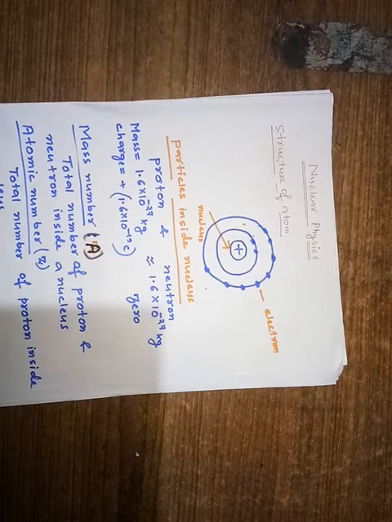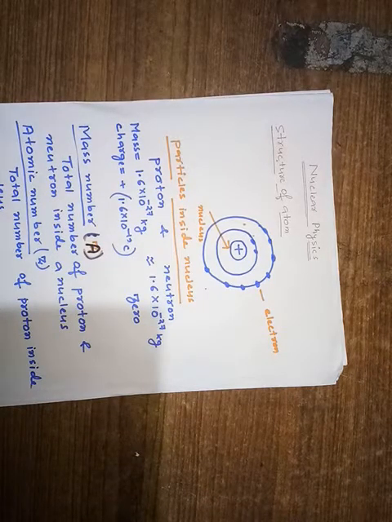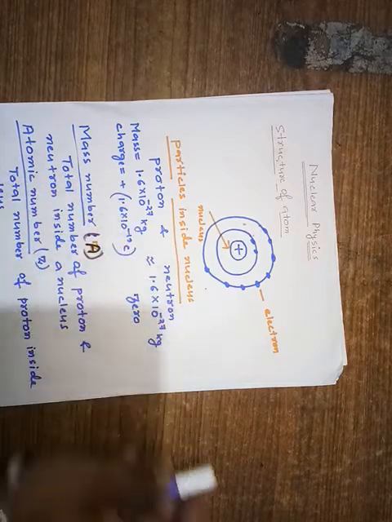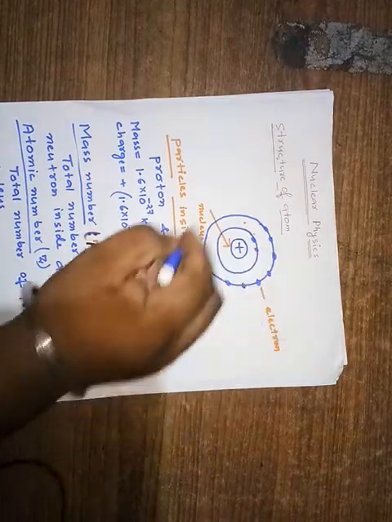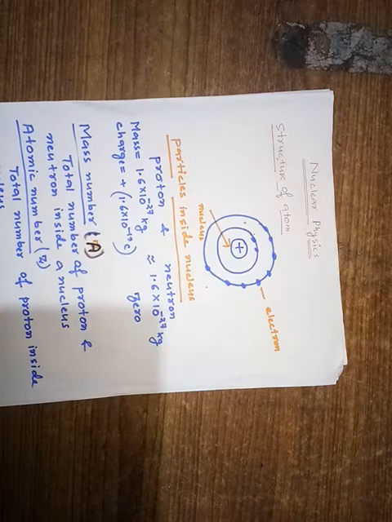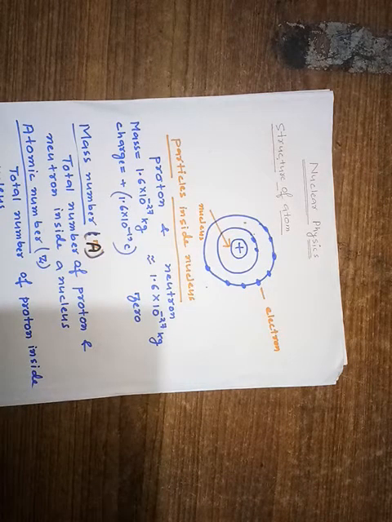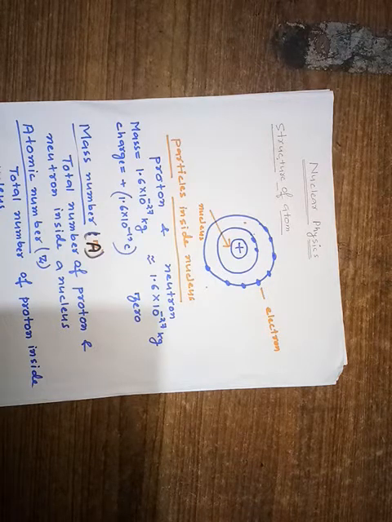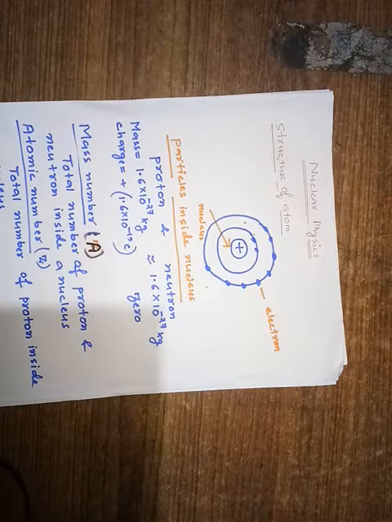What we got in the Bohr model is that the electrons of an atom always revolve in certain circular paths around the nucleus, and the nucleus contains almost all the mass of the atom, and its size is very small. Is it okay?